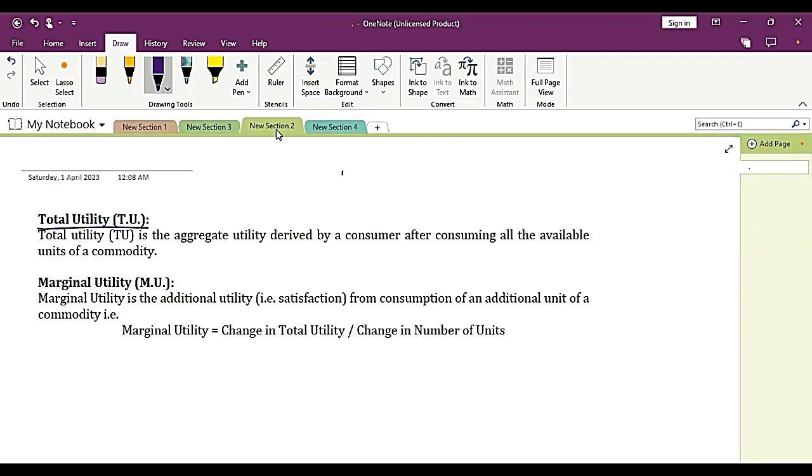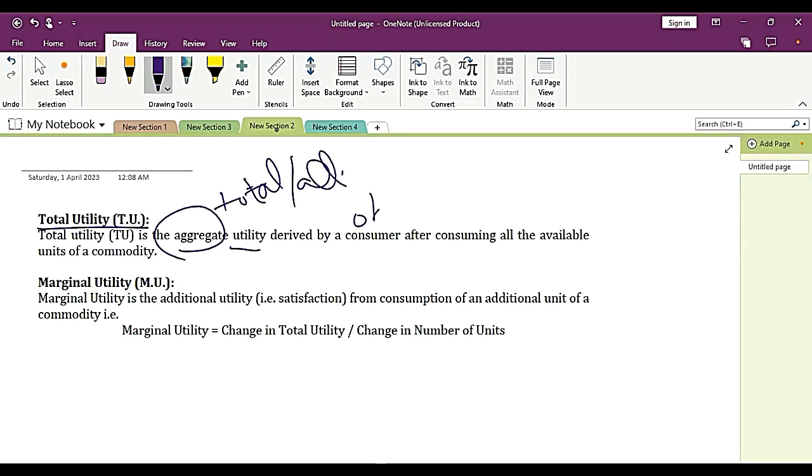What is total utility? Total utility is the aggregate, and aggregate means total, utility obtained after consuming all the available units of a product. Such utility is called total utility.